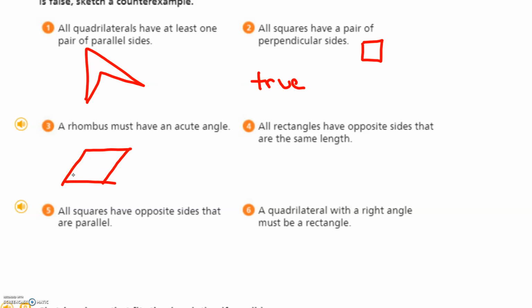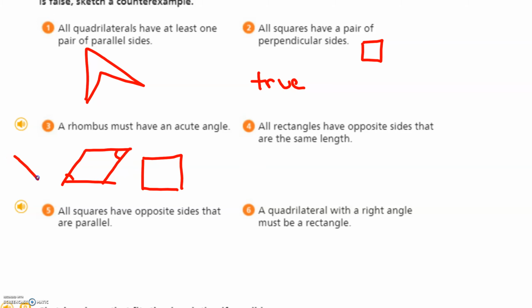And let's take a look at this. I don't think you can avoid it, this is an acute angle right here, and that's an acute angle right there. I think that's true. I don't know how you could draw that without doing that. You could do a 90-degree angle, but then you've got a square and there aren't any acute angles there.